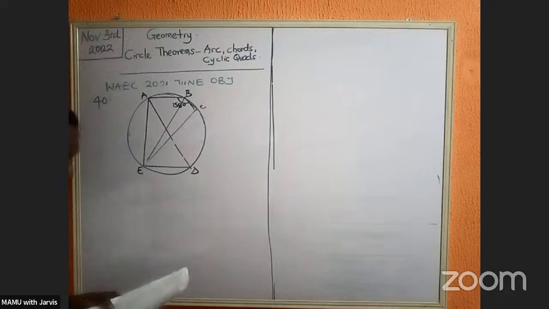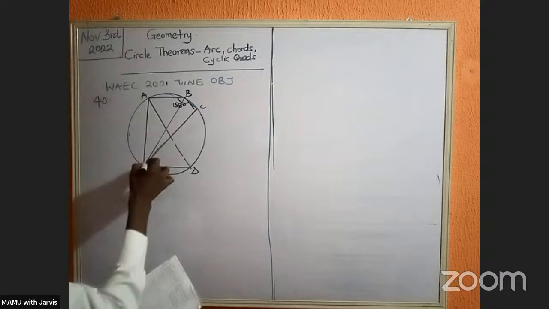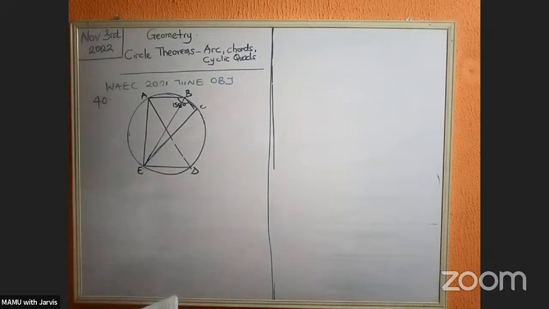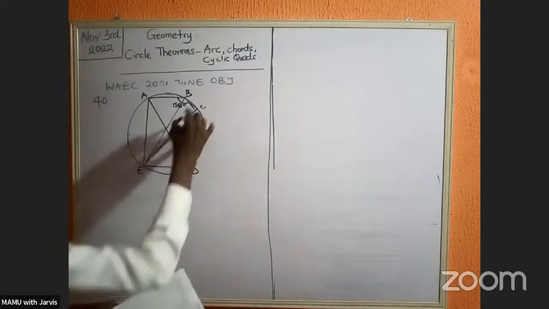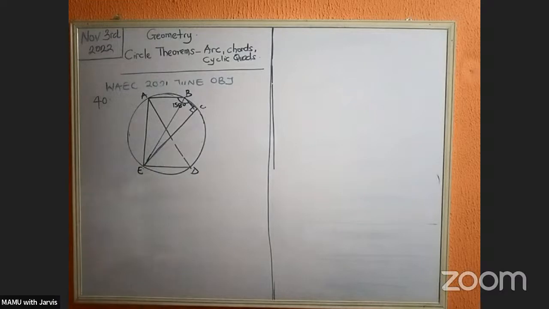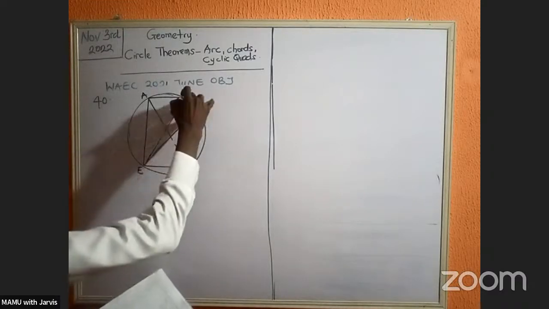So we're told that in the diagram, EC is a diameter. EC is a diameter. And if EC is a diameter, this angle formed at this point must be 90 degrees. Did I get that right? Oh, sorry about that. Sorry, I missed the idea.